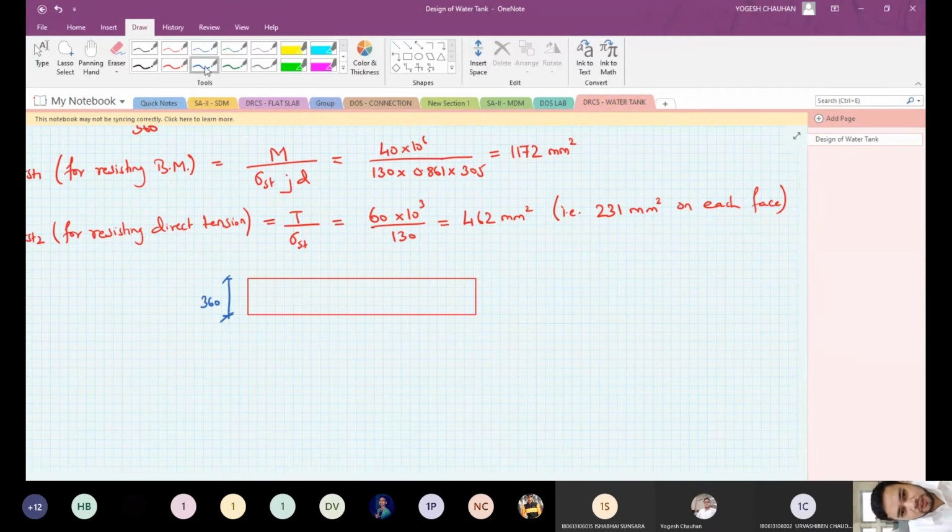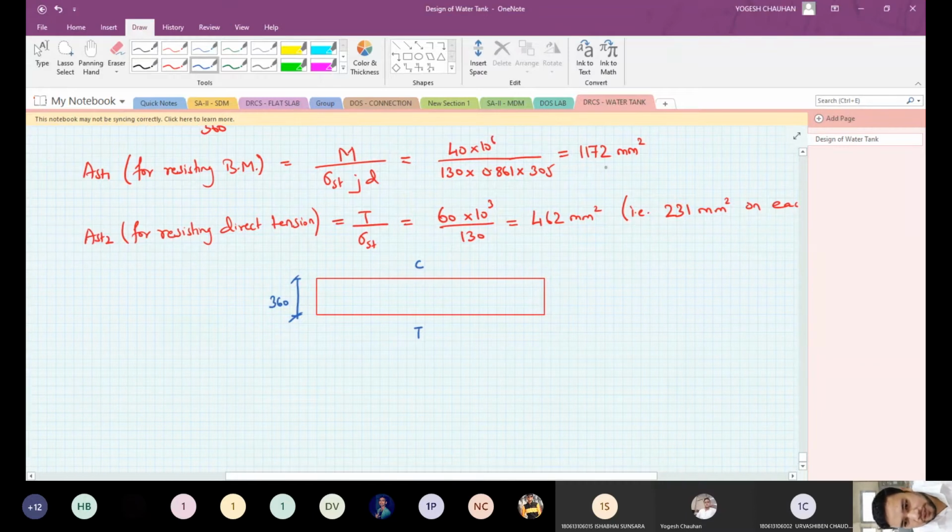Then let us say this is the tension face, and this is the compression face. So this amount of steel is provided on the tension face because it is provided to resist bending tension. So it is provided here.